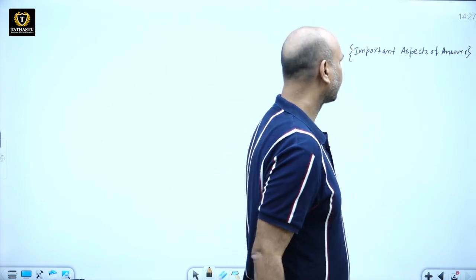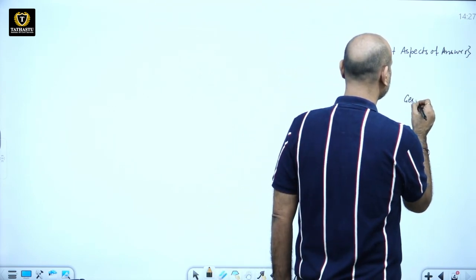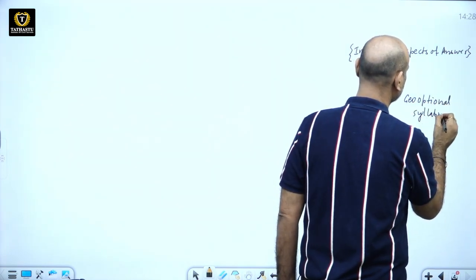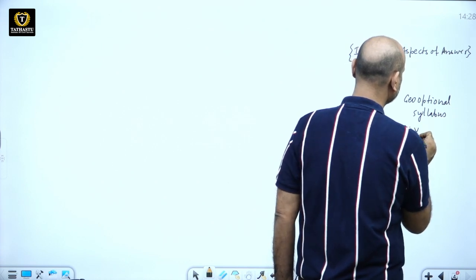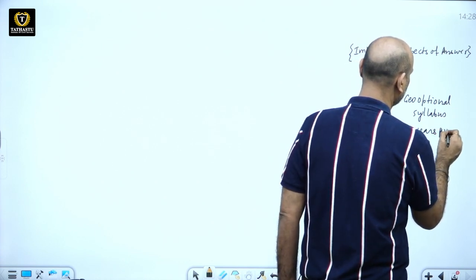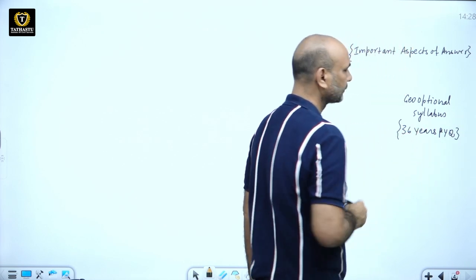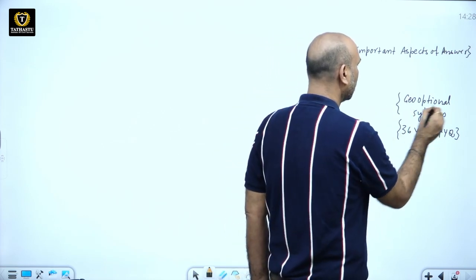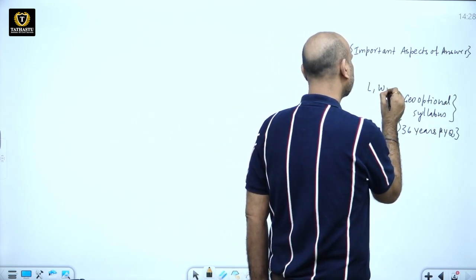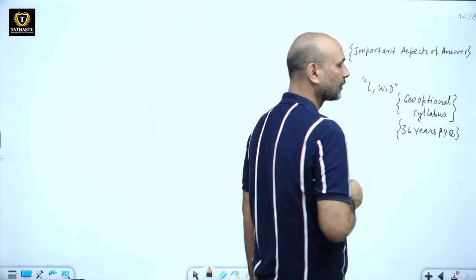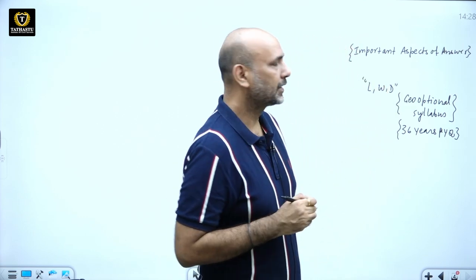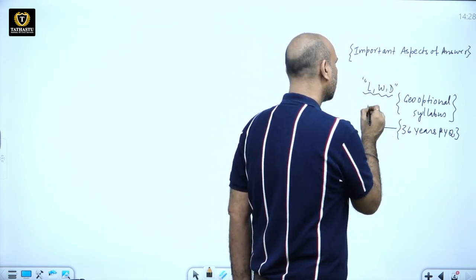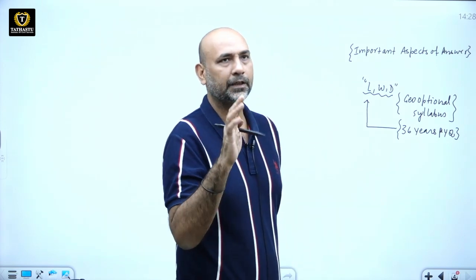Remember that we are going to cover the geography optional syllabus with the 36 years of PYQs, previous year's questions, because the syllabus does not give us an understanding of the length, width and depth of a given topic. Understanding of the length, width and depth of a given topic comes with understanding of the previous year's questions. These two things are most important.